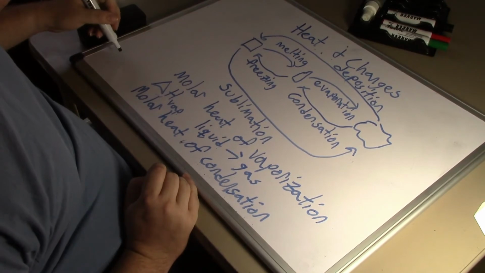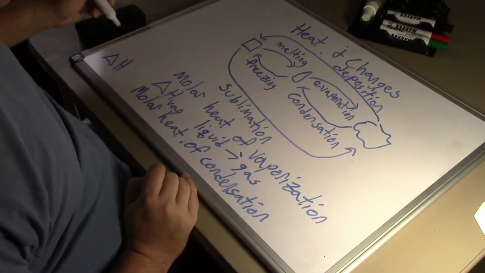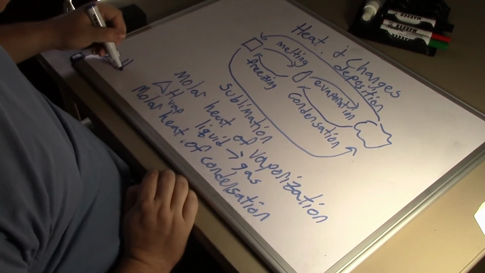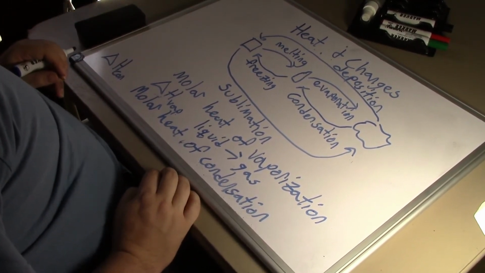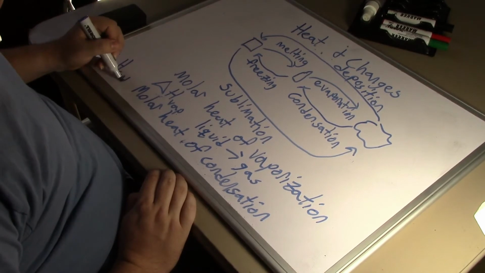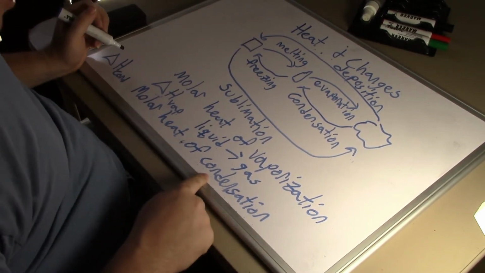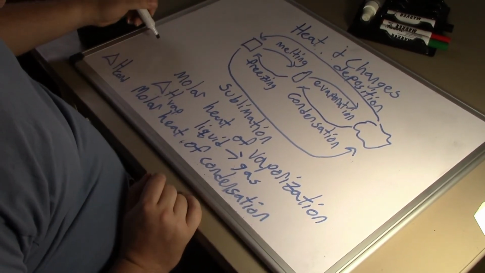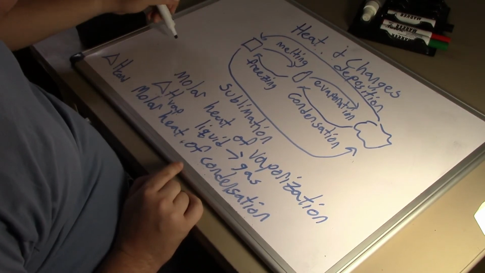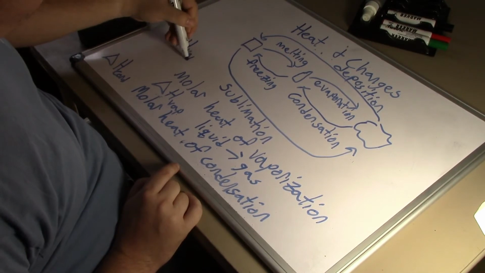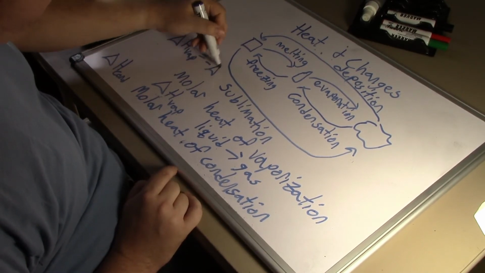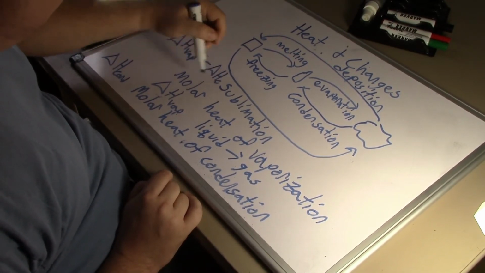This one's represented with, you guessed it, delta H, but with the subscript CON, or you can put COND. I've seen it both ways. And again, these two are related, so the delta H vap is going to be equal to the negative delta H cond.